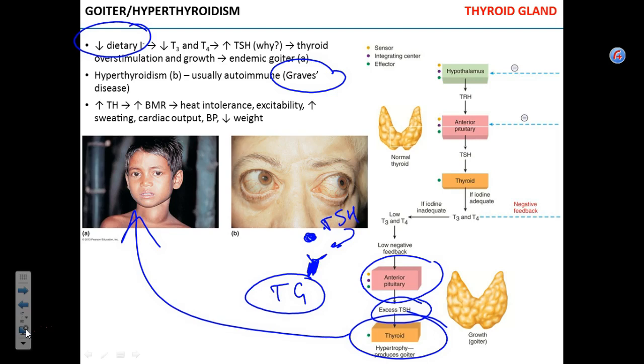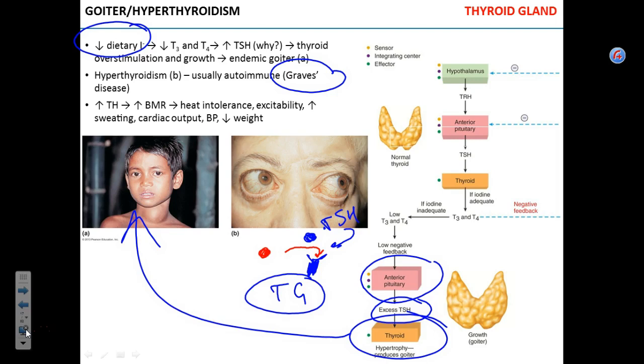In Graves' disease, patient's immune system produces antibodies which can also bind to the receptor. I'm going to picture them red, okay? And they will compete with normal TSH for the stimulation of thyroid gland. Does that make sense? These antibodies have no relation to your BMR.